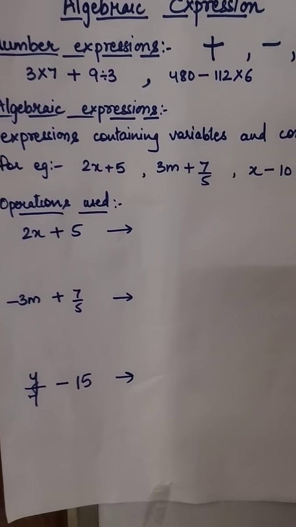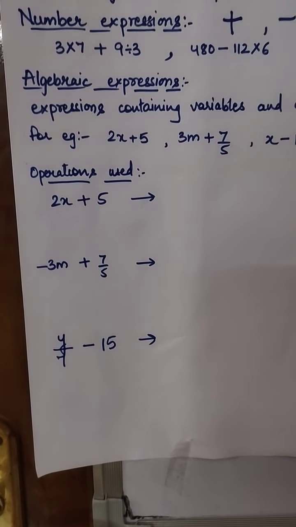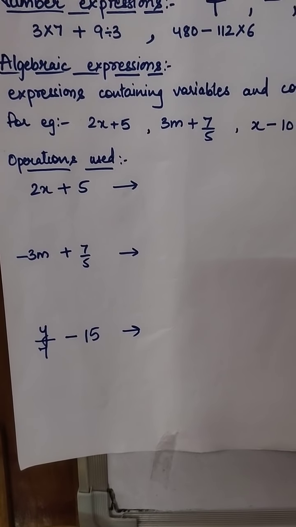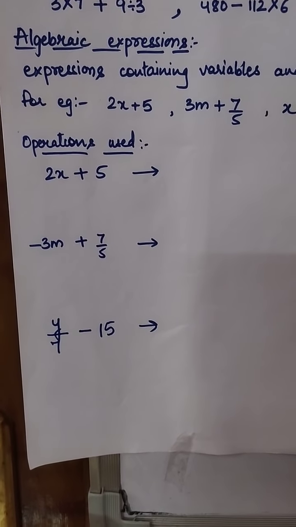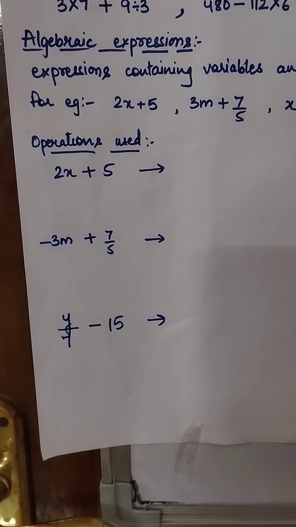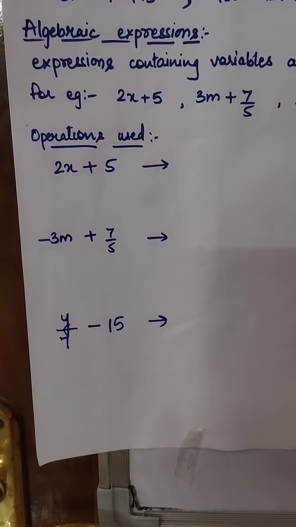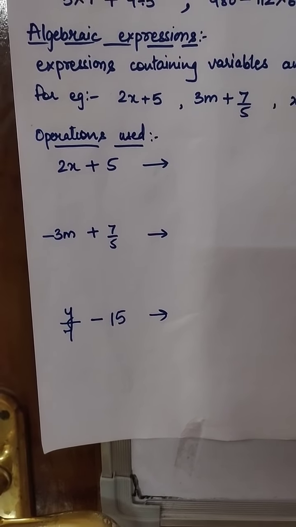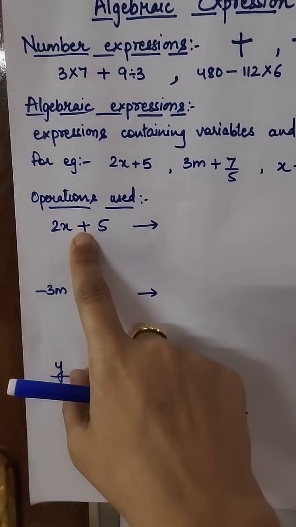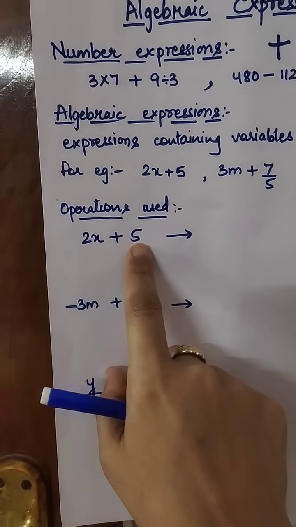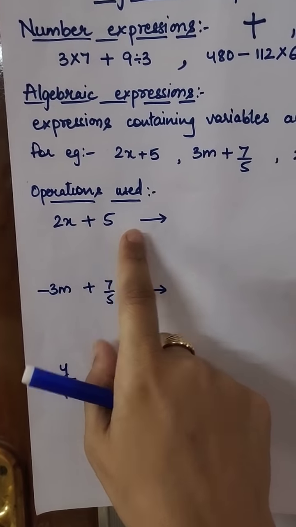Yes. Now, when we form an algebraic expression, you should know what operations we are using here. As I said, we use fundamental operations, that is plus, minus, multiplication and division. So if I see this expression 2x plus 5, what are the operations that we have used here?